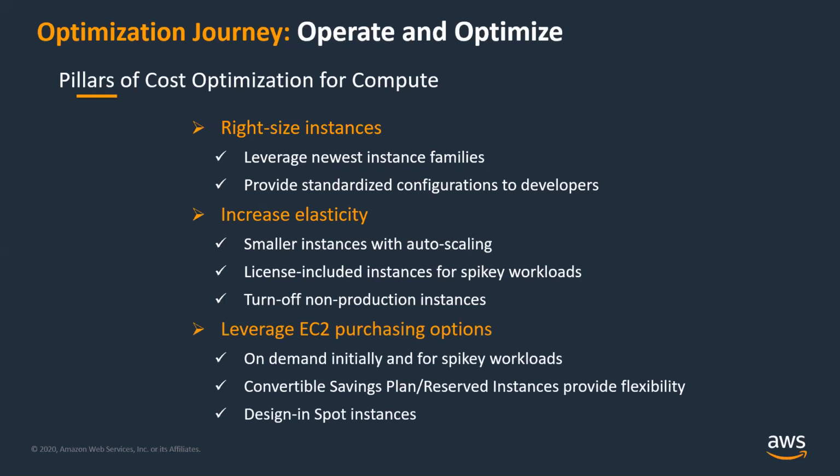And we also offer various EC2 purchasing options for different types of workload. Kevin has already discussed savings plans and reserved instances, so I'm not going to spend more time on it. But these two options can help you to reduce your cost.